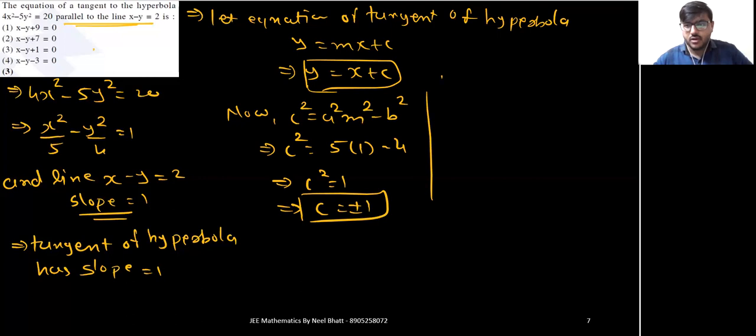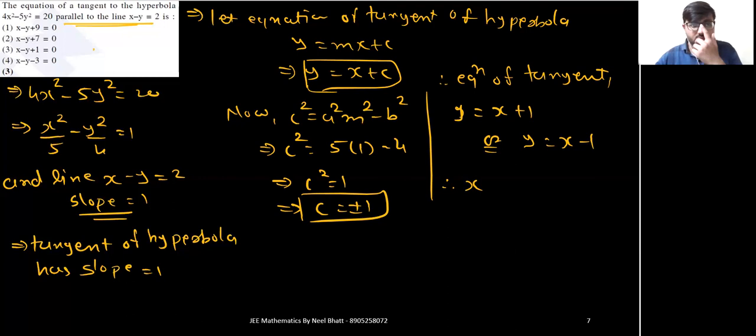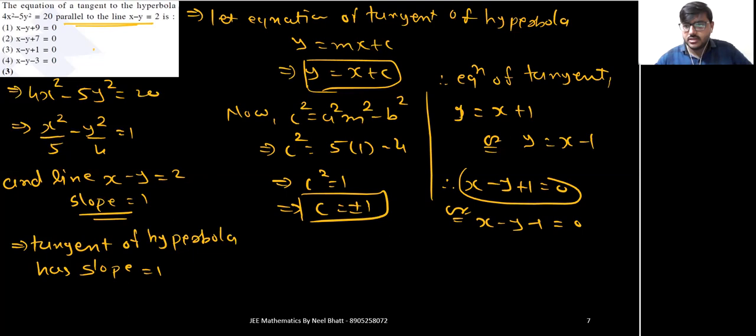And therefore the equation of the tangent is y equals x plus 1 or y equals x minus 1, that is x minus y plus 1 equals 0 or x minus y minus 1 equals 0. Among these two, this is given in your options, which is option number 3. So it is one of the most fundamental questions from conic sections. Next topic.